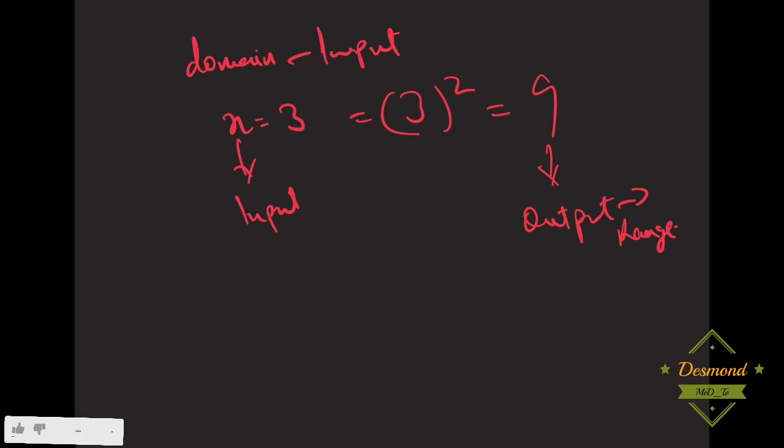Since every non-negative real number has a real square root, every non-negative number is an element of the range of this function that I just spoke about. Since there is no real number with a square that is negative, the negative real numbers are not elements of the range.